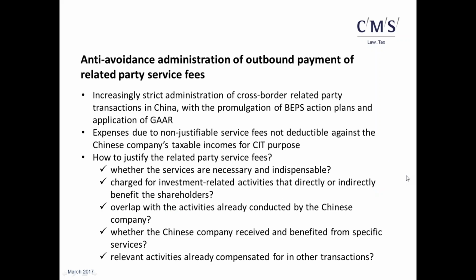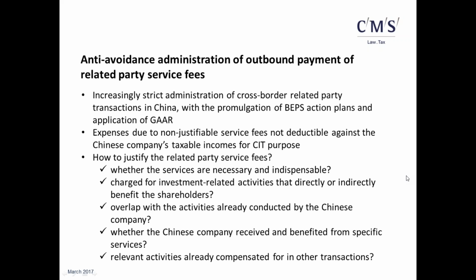Yeah. So when a foreign enterprise, for example, charges service fees to a PRC enterprise, apart from the PE issue, we need to take into consideration another issue, which is the anti-avoidance administration.